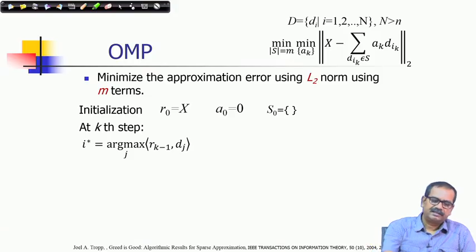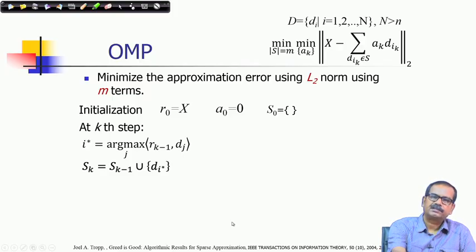in the same way as we did for matching pursuit. Once you have chosen that, you put it into the set of atoms that would be used for representing the signal x, or the input vector x, and we would like to find out the best linear approximation. There we will be using the least square error estimate method.